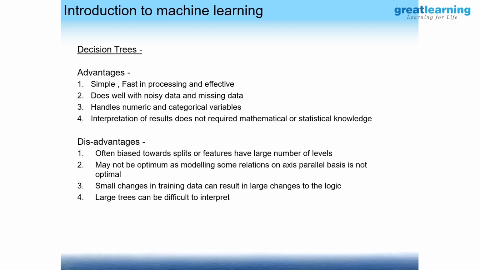You'll need a very complex decision tree to get the same accuracy which a simple linear model will give you. That is a limitation of the second point here: it may not be optimal as it is axis parallel modeling.